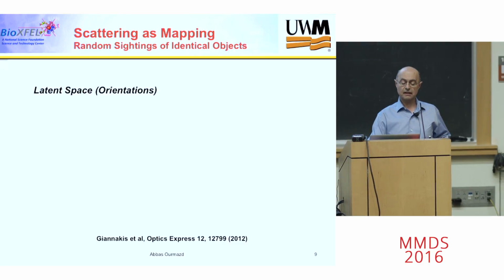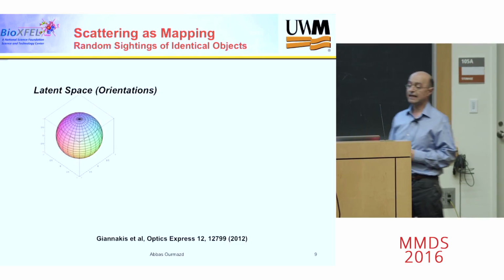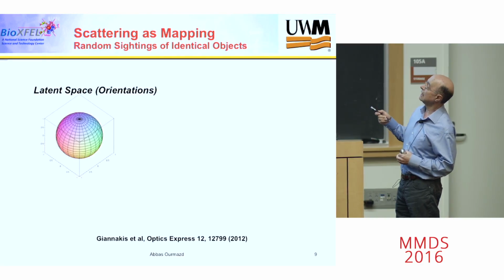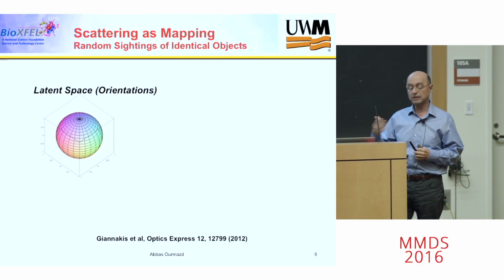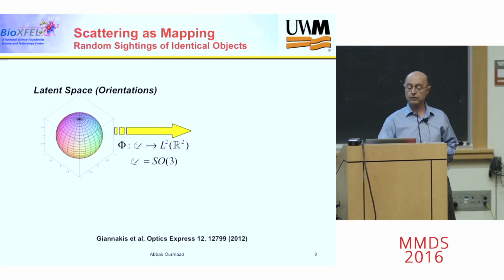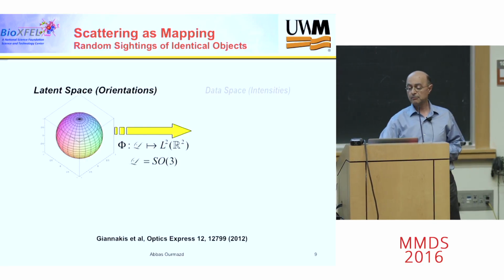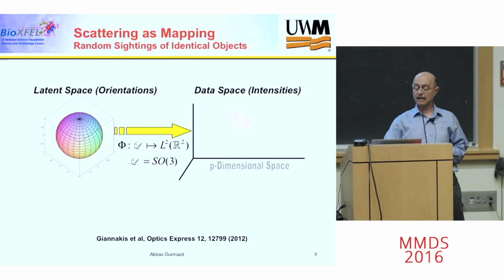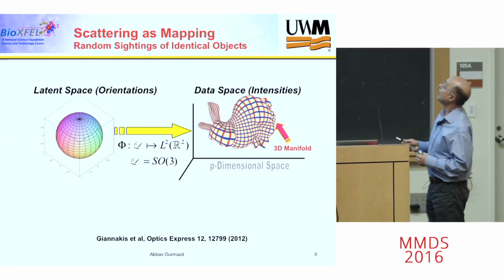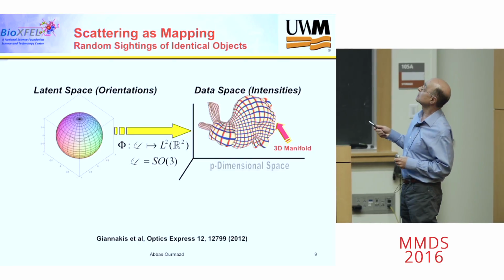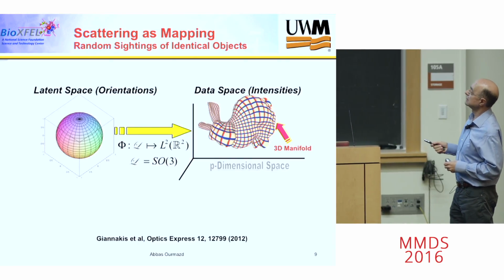So let's follow this example of somebody's head again. You observe this head from different orientations. So you're looking at a latent space of orientations in this group, in this case, the SO3 group. And there's some kind of a nonlinear embedding taking snapshots, which produces a manifold, which topologically, of course, is still SO3, but highly distorted.